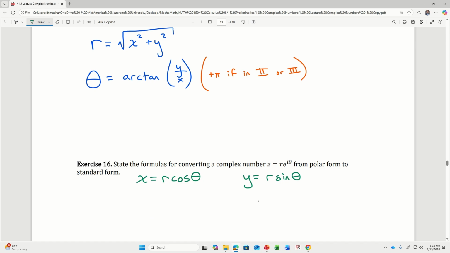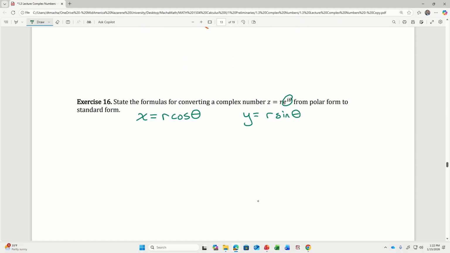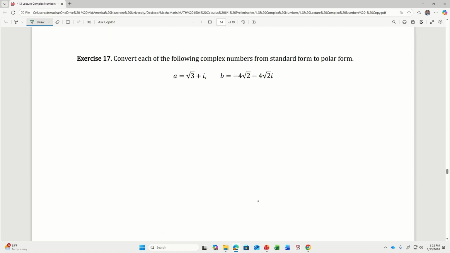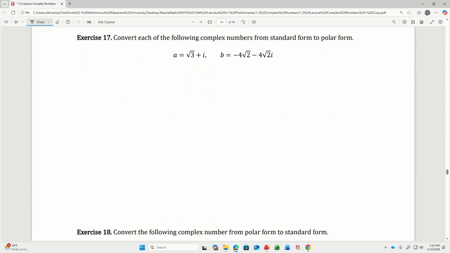These you can get quickly from using Euler's formula on that part and just keeping the r. Because remember, x is the real part, y is the imaginary part.